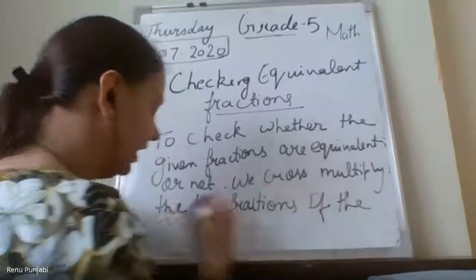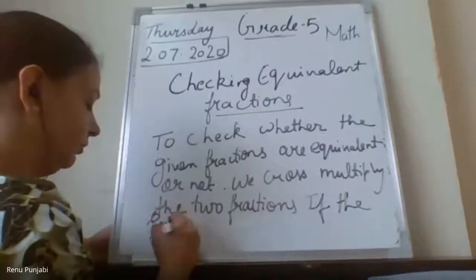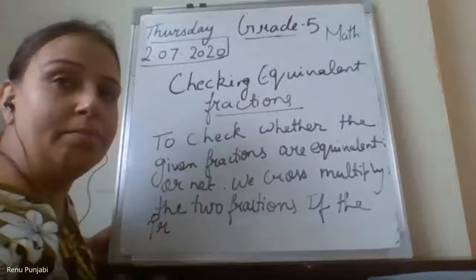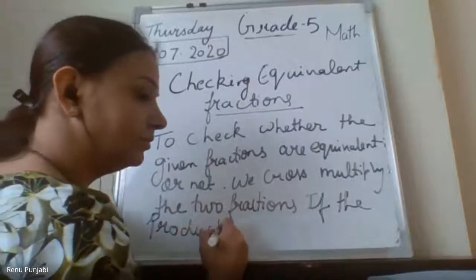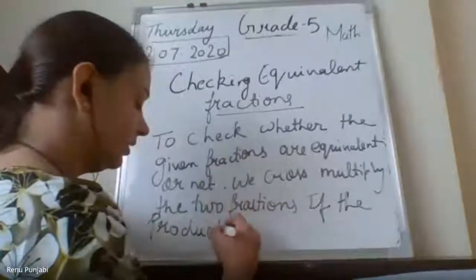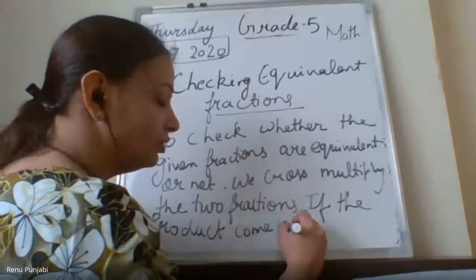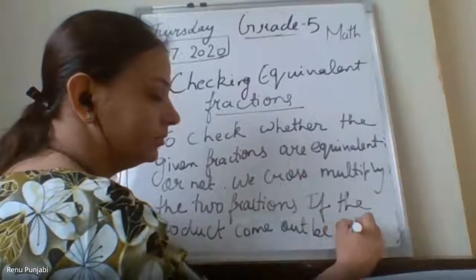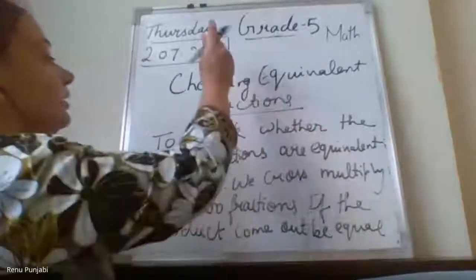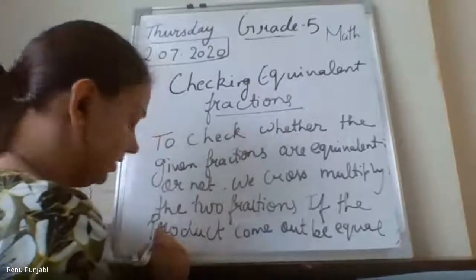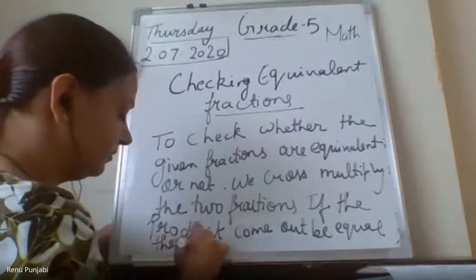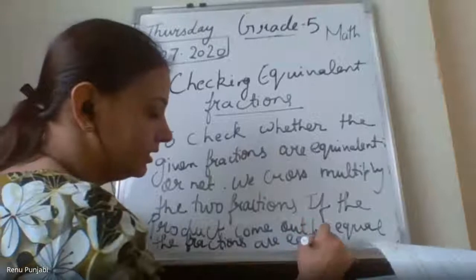If the product, all you know, when we multiply two numbers we get the product. If the product comes out to be equal, I will write here, the fractions are equivalent.